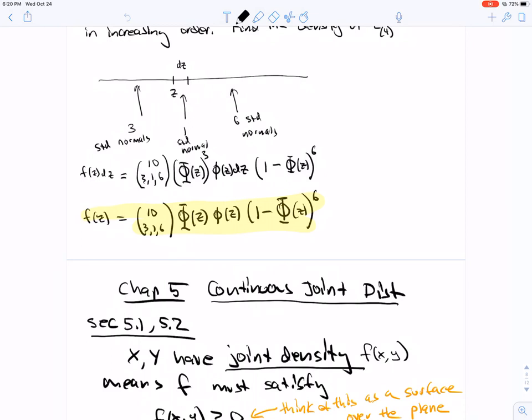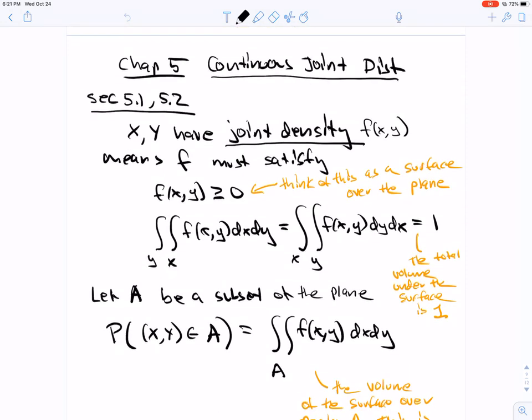So the chance of having 1 dart in dz is small phi of z dz. And really, when I say dart, I should just say standard normal, because it's not really a dart in this case.